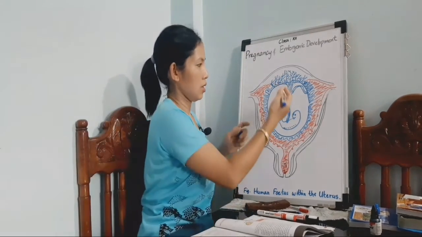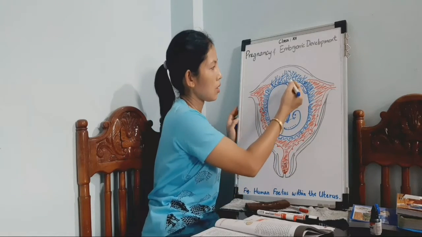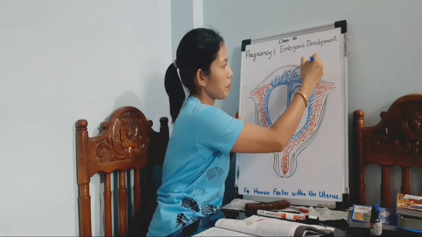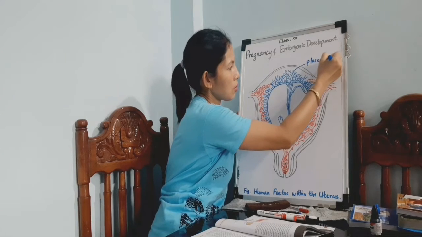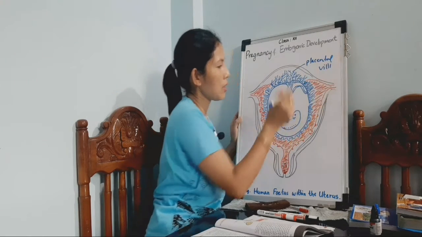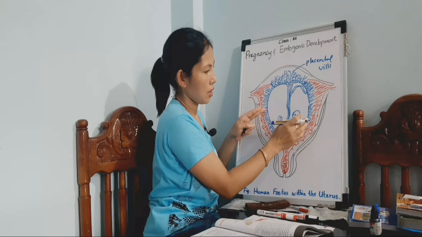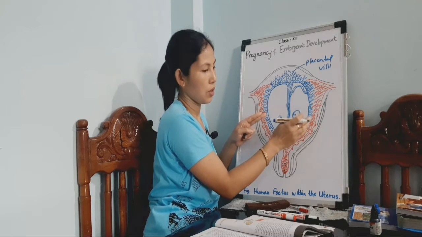The formation of the placenta is one of the most important events, you can say, that happens during pregnancy, right? In this diagram, as you can see, these are the placental villi, and this placenta interdigitates with the uterine wall.